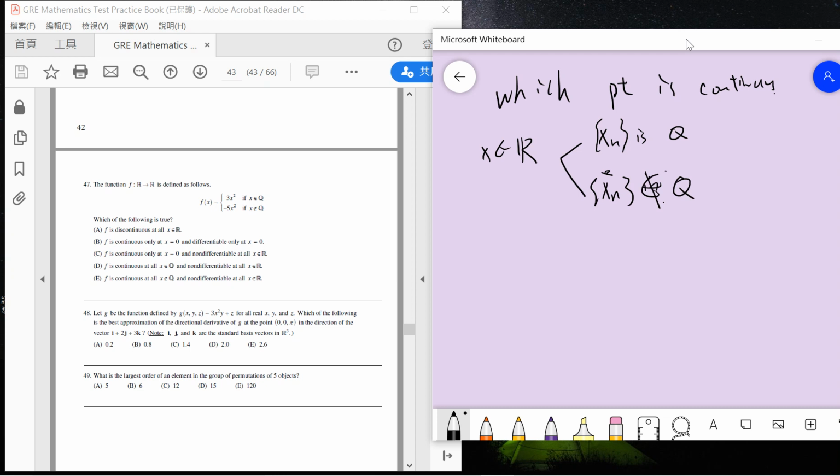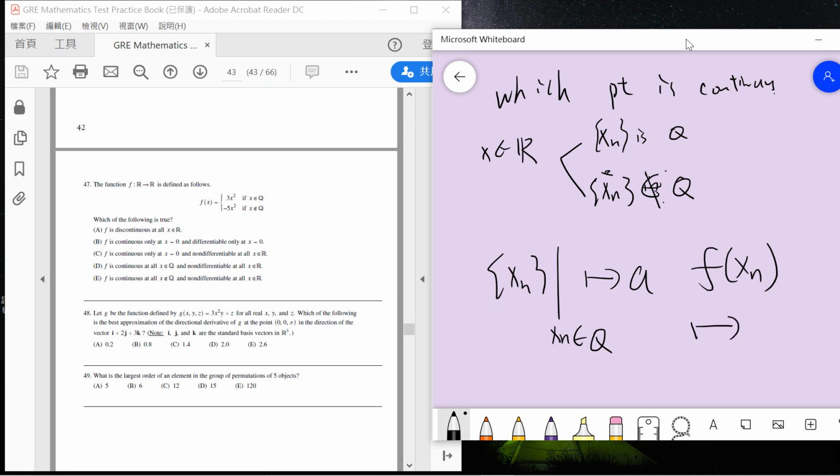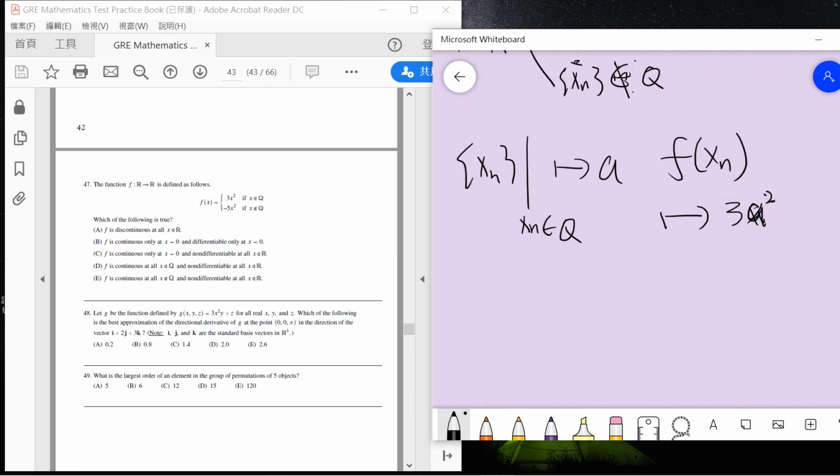Okay. So if I approximate a point A by rational points, so basically I use xn, and each xn belongs to Q, and I use this to approximate A. Then the function of xn should approach 3a squared. And then if I use irrational points, the approximation should be minus 5a squared.